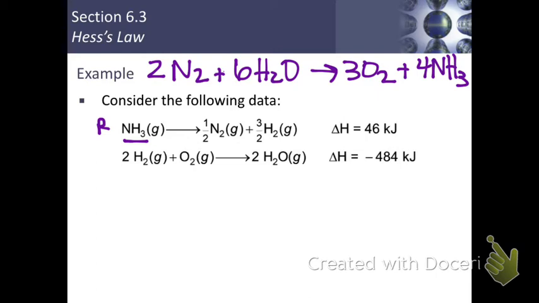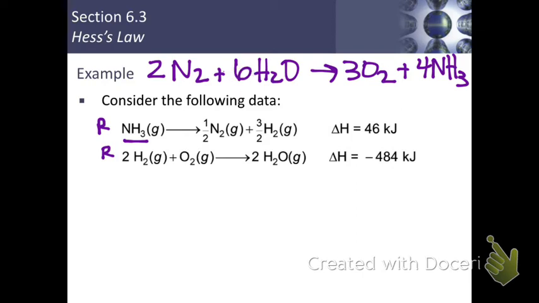That's easiest for me. Then over here, I've got an H2 on this side, an O2 on this side, and an H2O as a product. So what am I going to have to do to this one? I'm going to have to flip it or reverse it, right? Because I've got H2O as a product, but I need it to be a reactant. You see what the rationale is behind flipping that?